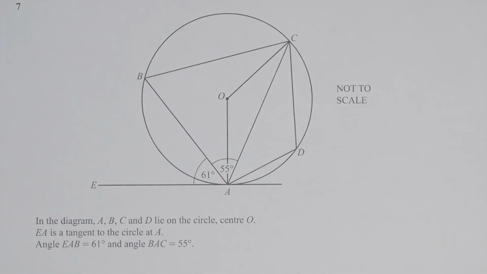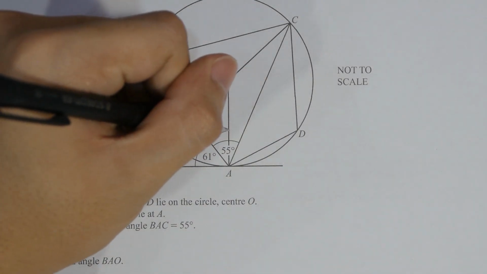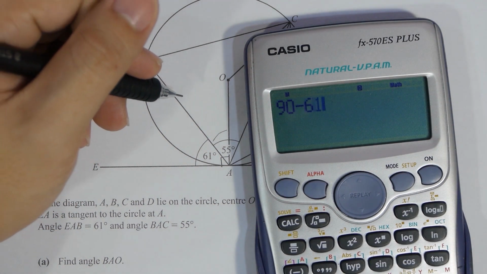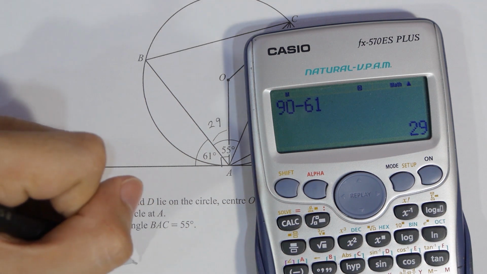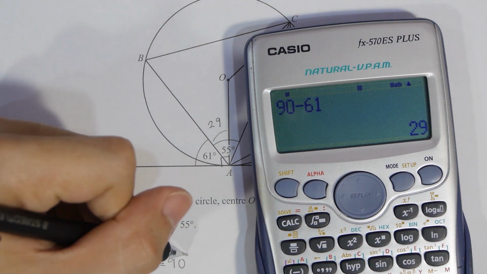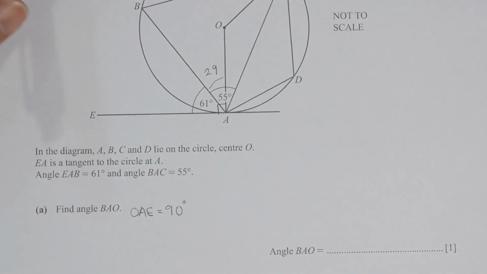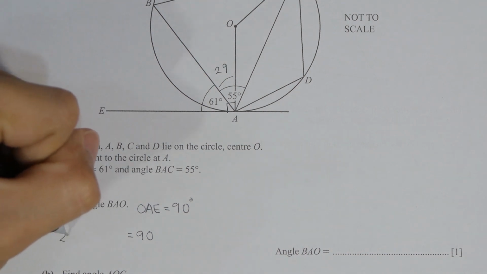Whereby for question 7a, okay, I fill up all the relevant information into the graph first. So the first thing that I actually identify is that the result of BAO is actually 29 because OA and EA form a 90 degrees.